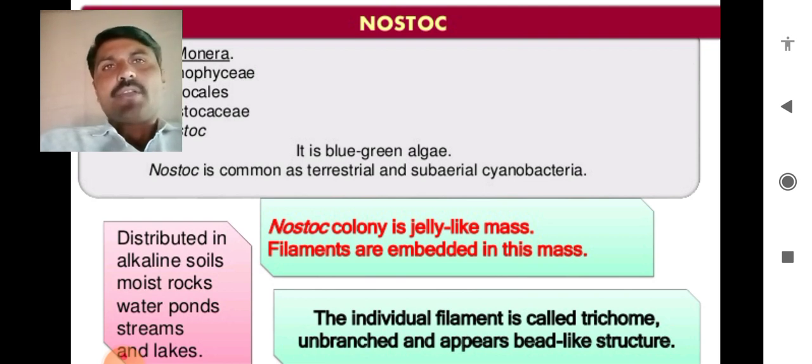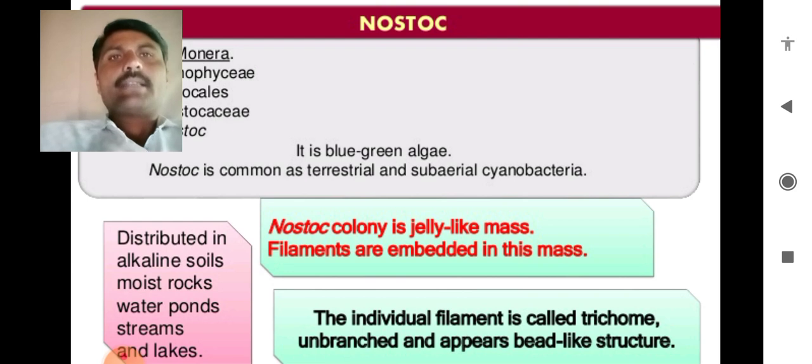When we see the colony of Nostoc, it is a jelly mass. Jelly means somewhat sticky, and it is accumulated, which seems to be a mass-like structure.